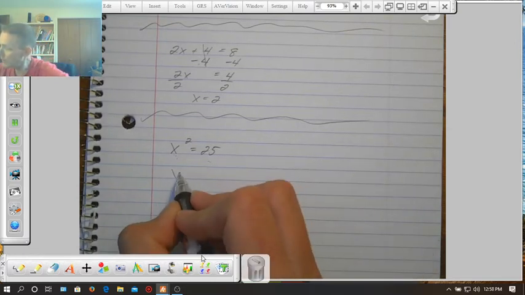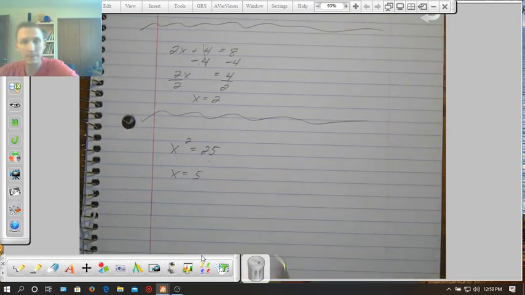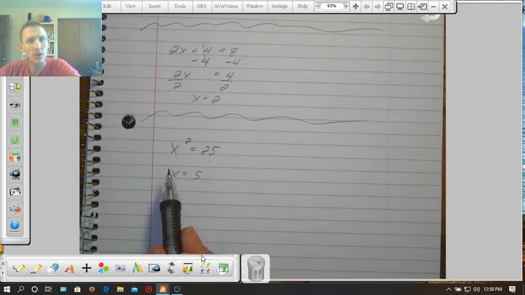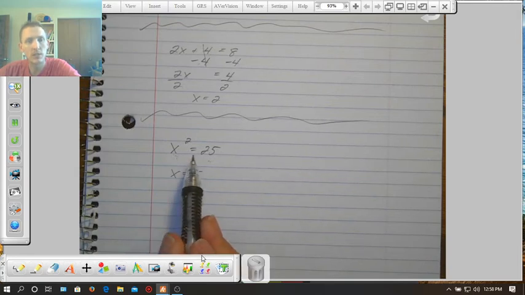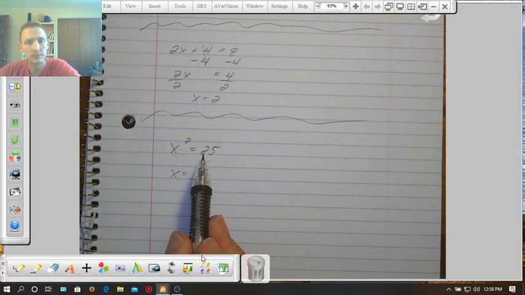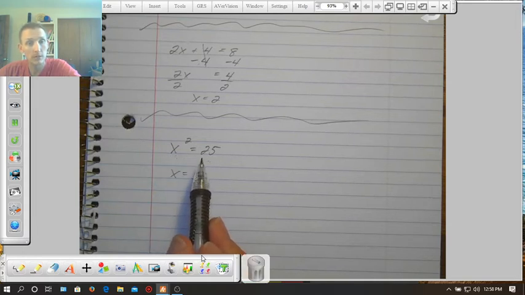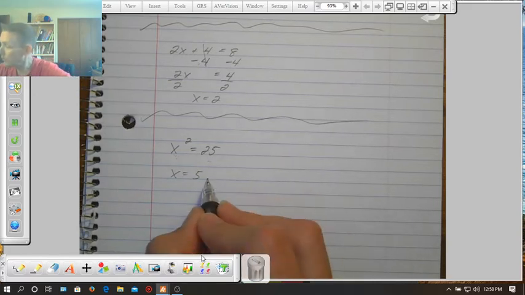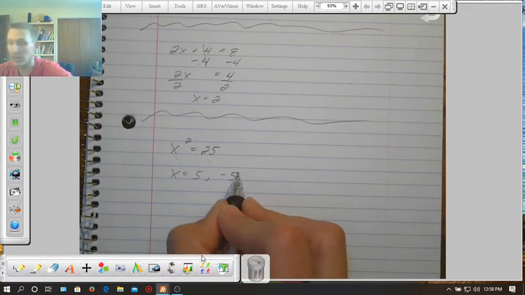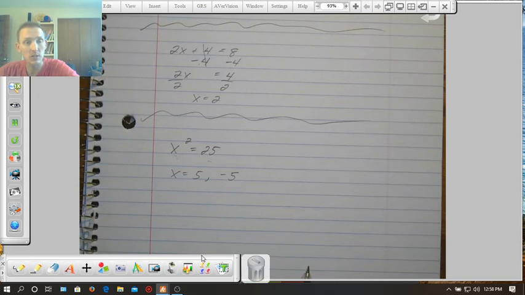Therefore, x equals 5. But we have to think outside the box, and we have to realize that there is another number that when I multiply it by itself equals 25. Negative 5 times negative 5 also equals 25. So there is a second answer, and that second answer is negative 5.